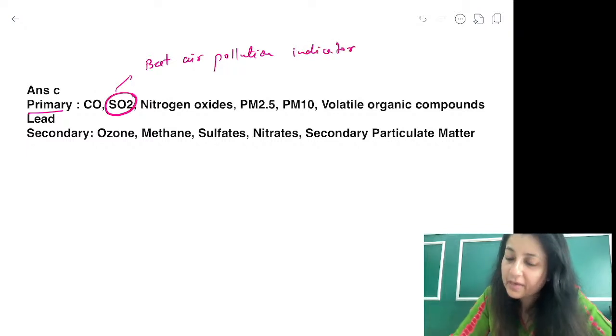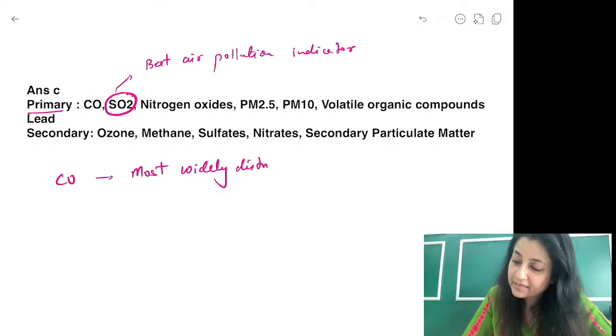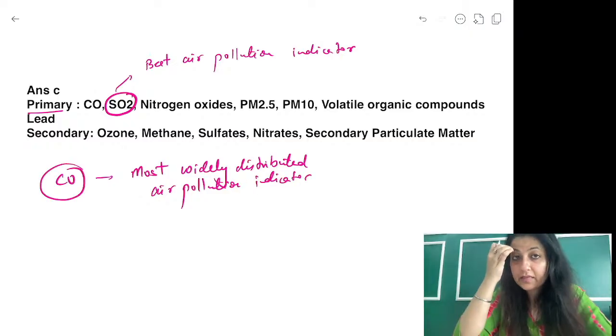That is a primary air pollutant. If somebody asks you the most widely distributed air pollution indicator, that is carbon monoxide.